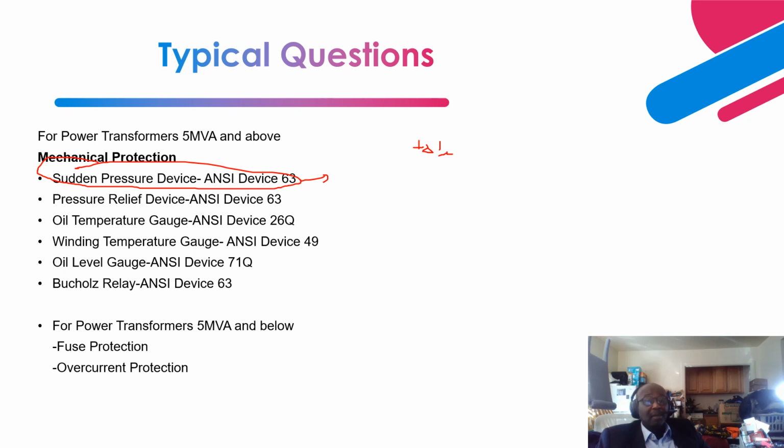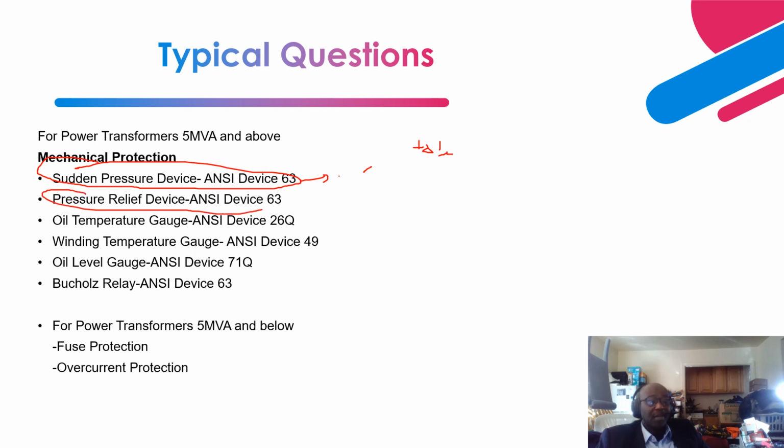Okay, so as such, the differential relay won't be able to operate. But it is the sudden pressure device that will detect this minute current through the pressure wave created from that.